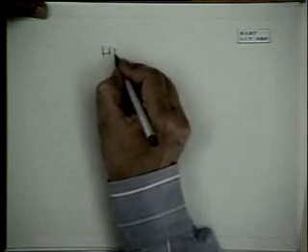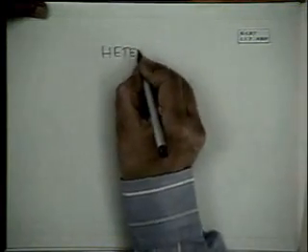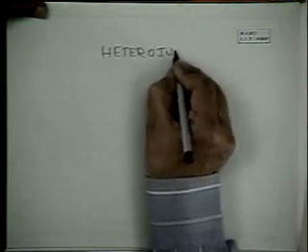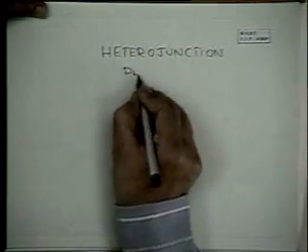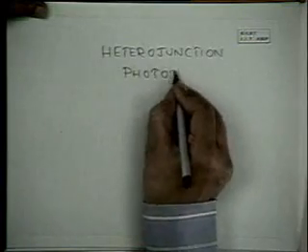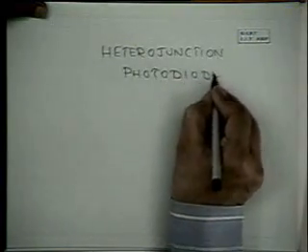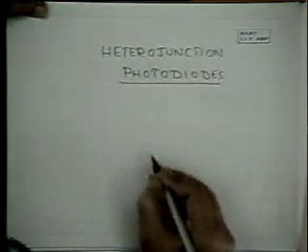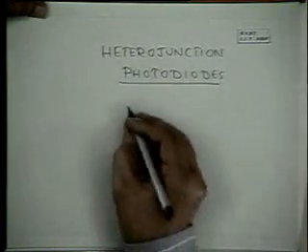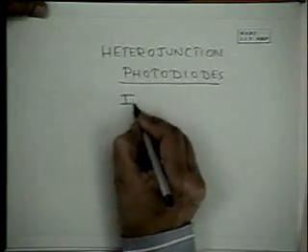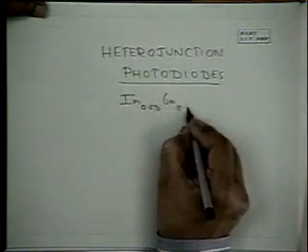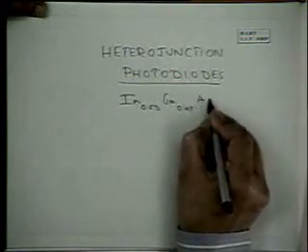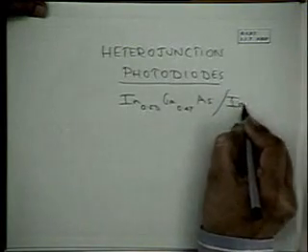An alternative is to have heterojunction photodiodes, which I'll just mention. Typically, this uses a heterojunction with indium gallium arsenide, because it is in any case grown on indium phosphide.